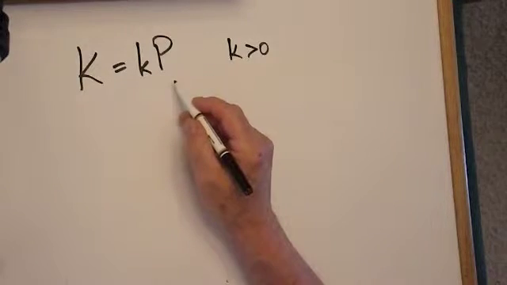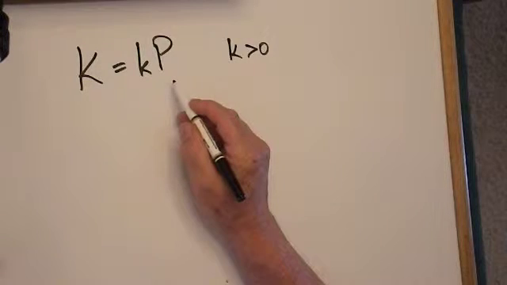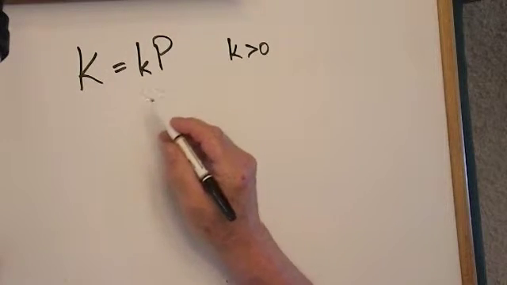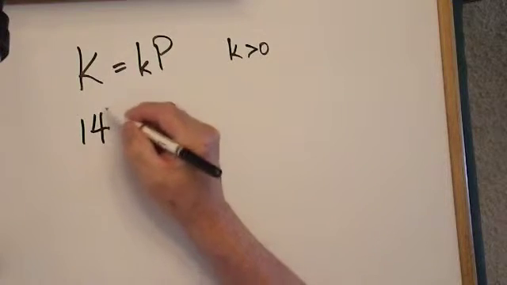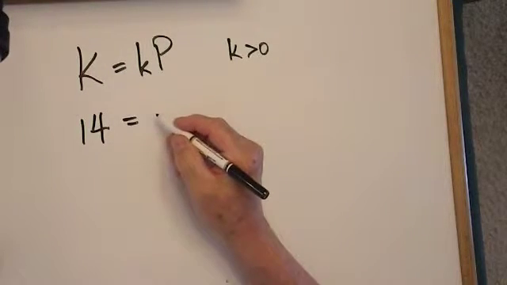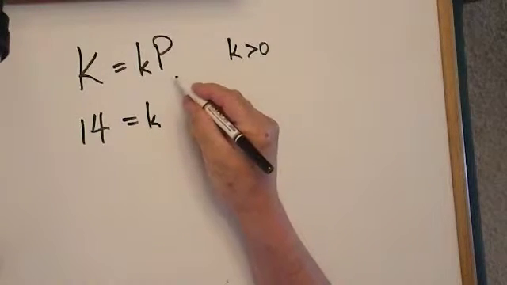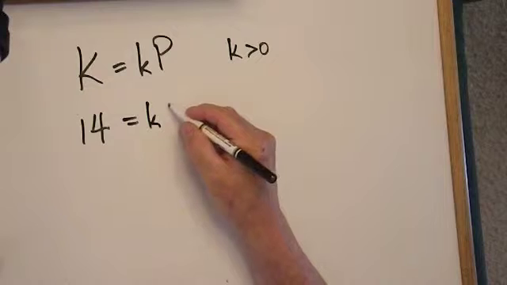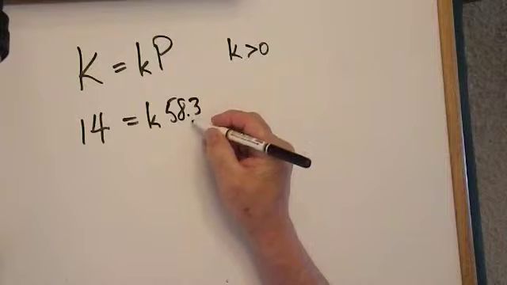This is the equation for variation of the percentage of gold in gold coins or jewelry. It gave us some information up top. For a 14 carat, so 14 in place of the capital K, we still have the small k, but the value of P, the percentage of gold, was 58.3%.